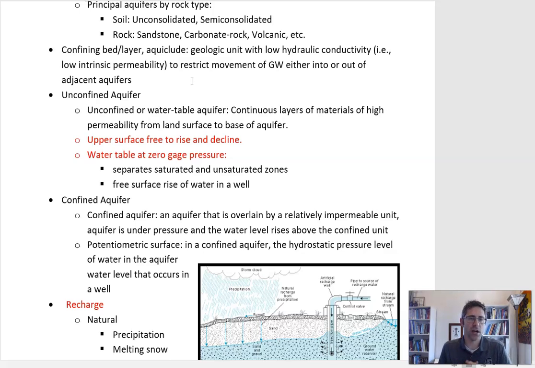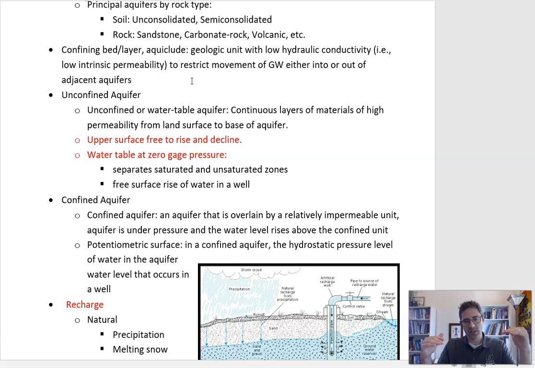Unconfined aquifers are ones that are closer to the surface. They have a water table, so their upper surface is free to rise and decline. If I have an aquifer that's close to the surface, where recharged water from the surface is allowed to percolate down into that aquifer, it will have a water table.